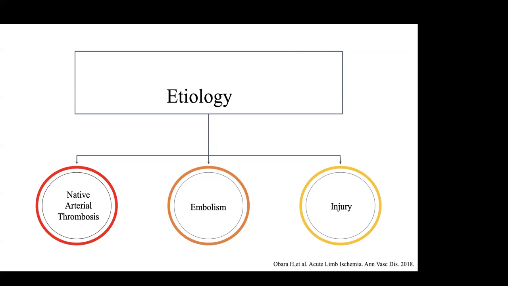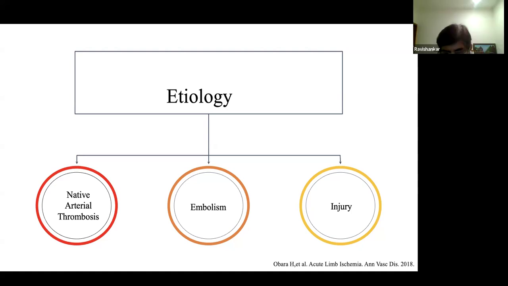Anybody? Sir, post aneurysm repair, either clot or plaque during repair manipulation, the clot can get dislodged, and then the aneurysm is working well, but the patient develops acute limb ischemia.